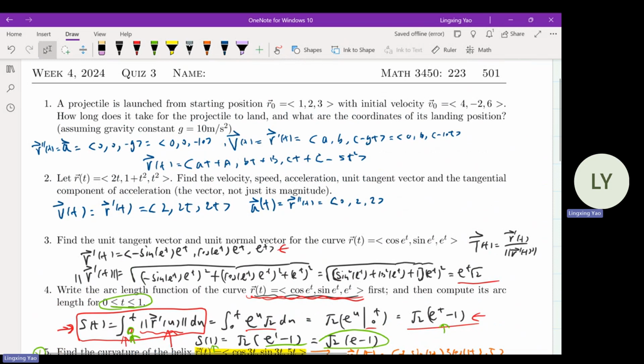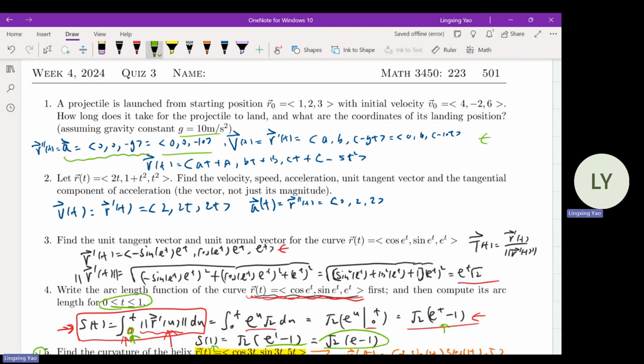Oh, and the first one. The first one is about a projectile problem. For any projectile problem, we assume the only force applied is the gravity force. So the acceleration vector is this, and here g is the gravitational constant, which we assume to be 10. We got the acceleration vector a, which is the second derivative of the path r.